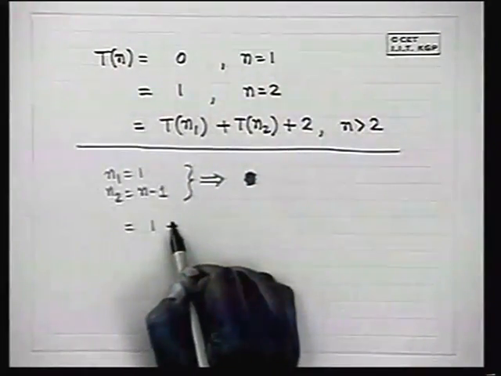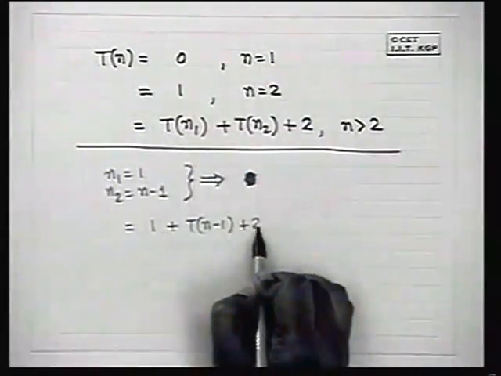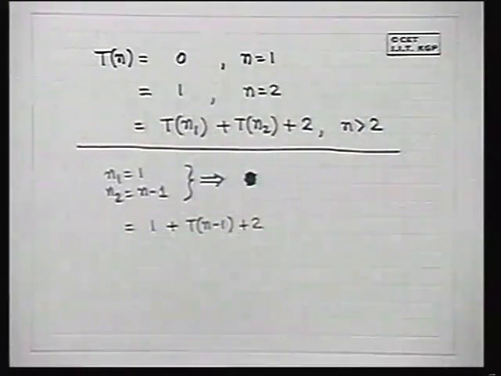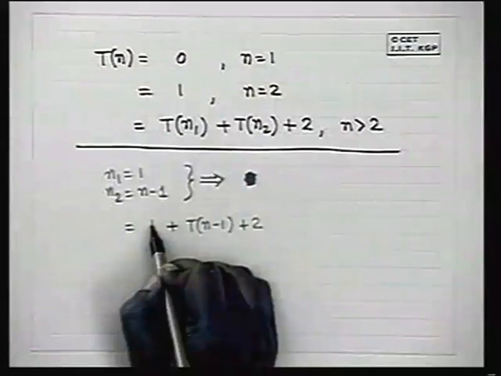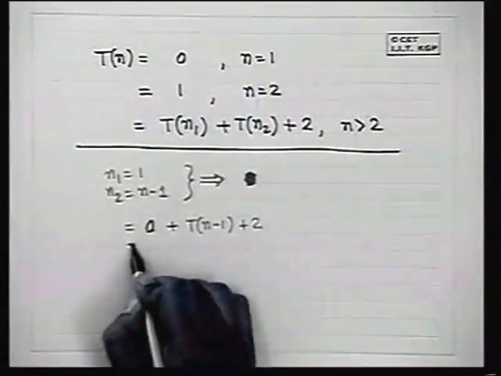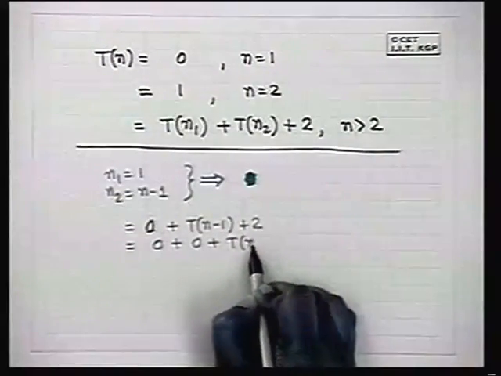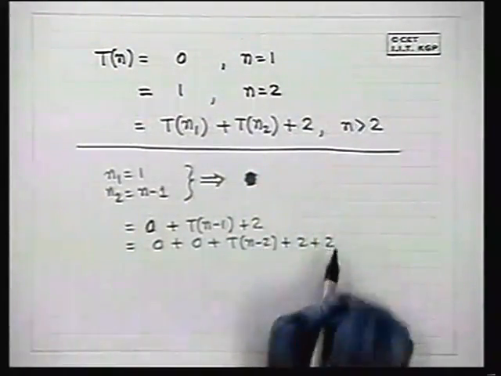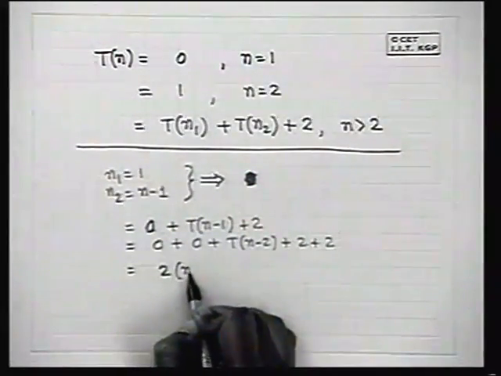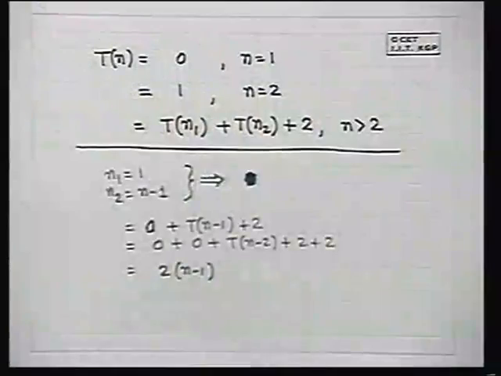That will lead to 0 plus T(n minus 1) plus 2, and then 0 plus 0 plus T(n minus 2) plus 2 plus 2, and so on, to 2(n minus 1), isn't it? Order n, but 2n minus 1.